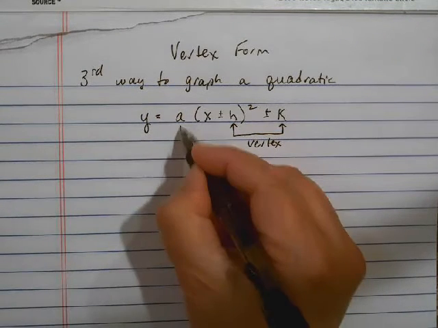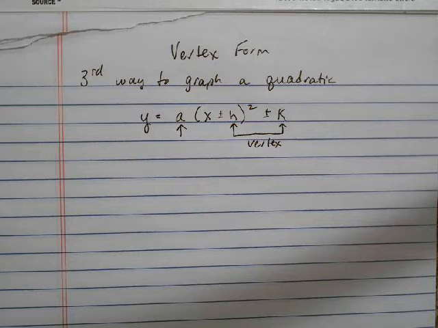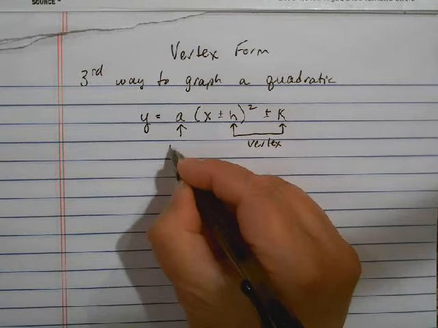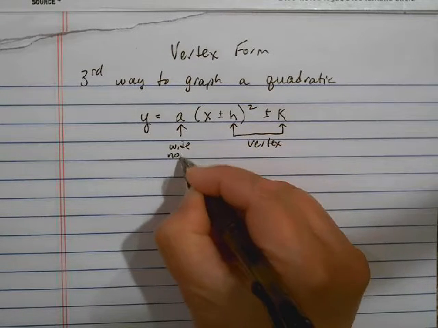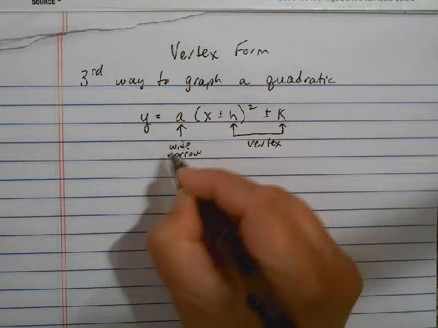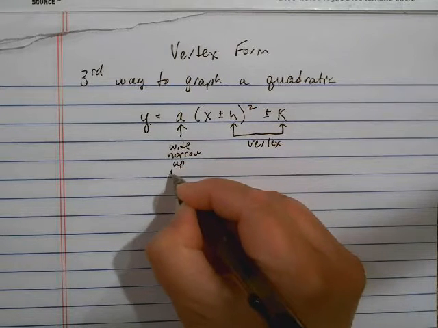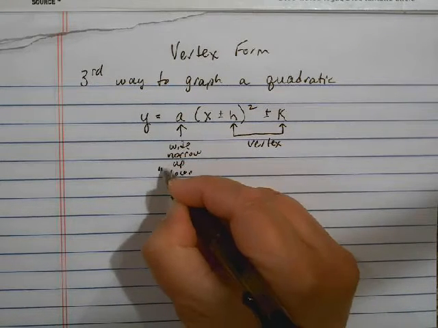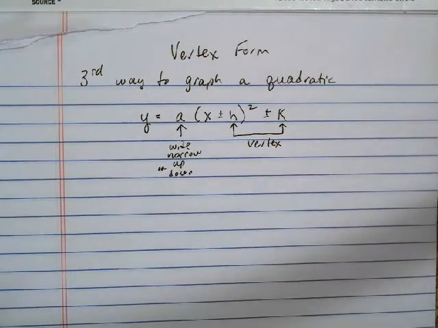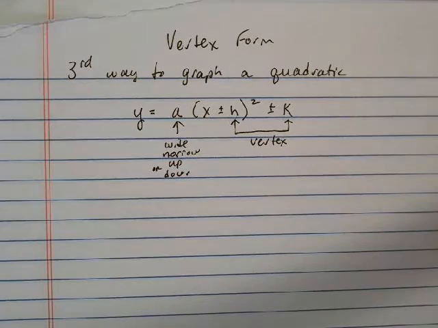This number, again, just like in the other two forms, is going to tell us if this parabola opens wide, narrow, up, or down.